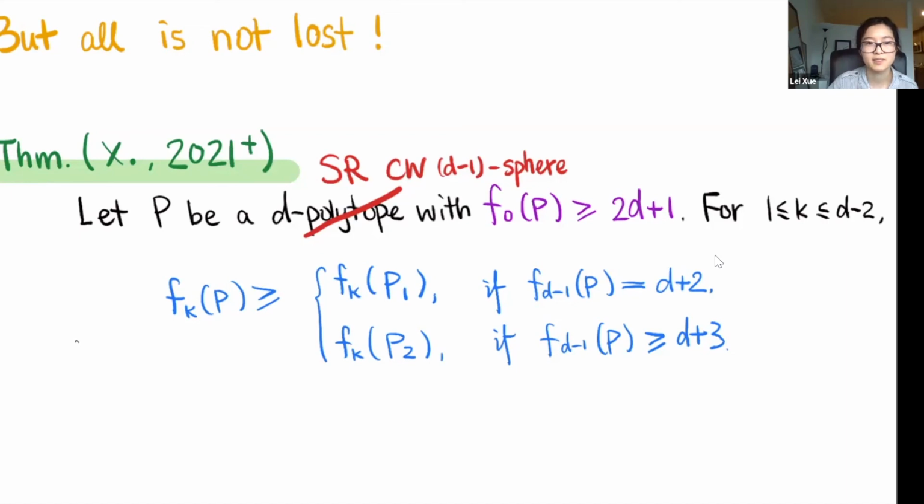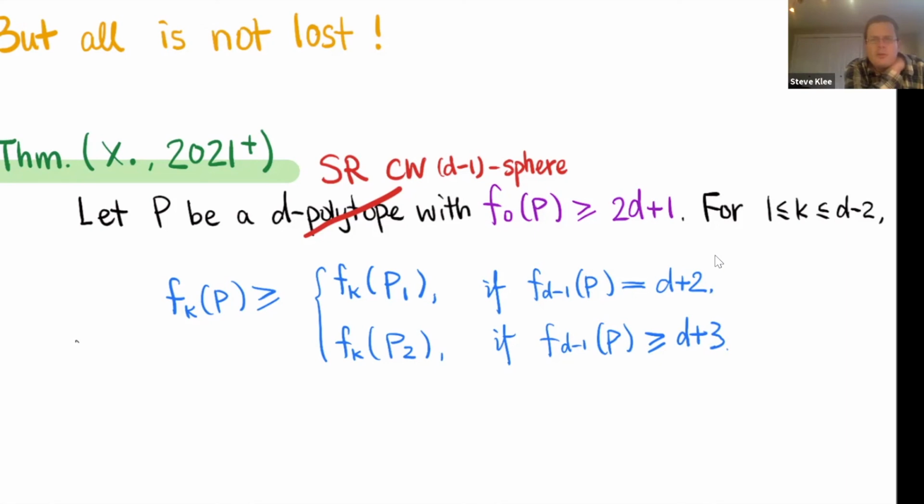So I personally don't believe that if we have more vertices, all of a sudden everything will be nice again. I believe that if we have even more vertices, there wouldn't be a component-wise minimal F vector. I'll be very surprised if up to n equals 3D, everything gets back to one lower bound again.